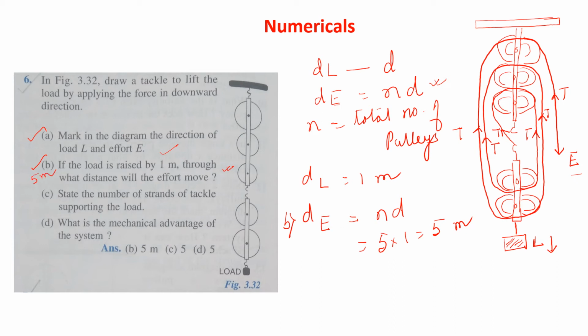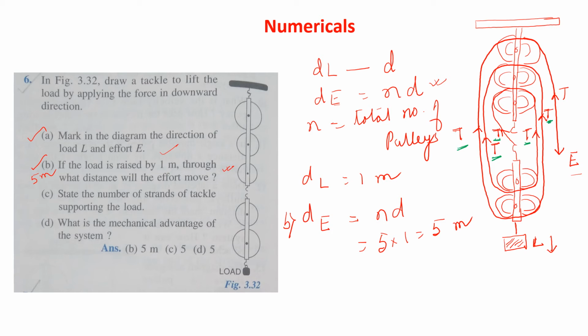Then C is, state the number of strands of tackle supporting the load. Now just check from here how many strands are supporting the load. The load is supported by this T, this T, this T, this T and this T. That means it is supported by 5T.